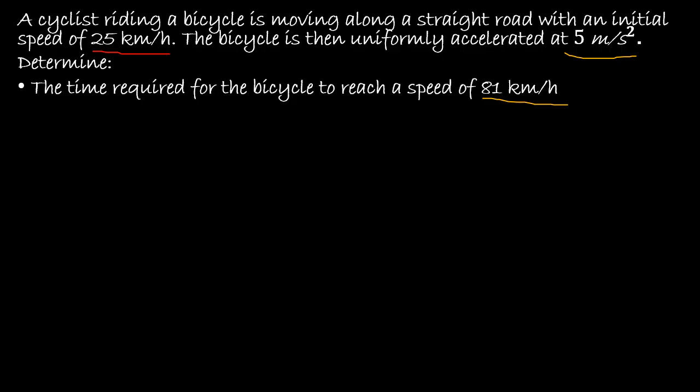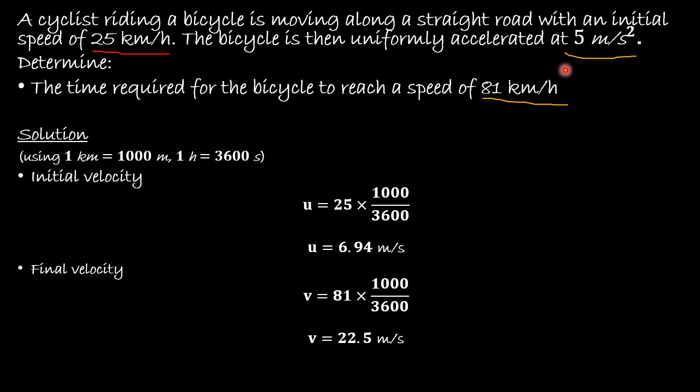As you can see, there are different units here. Our first unit is kilometers per hour, and the second one is meters per second, but we want it in meters per second. In this linear motion, we mostly deal with meters per second. So that means you have to convert the kilometers per hour to meters per second, because all of them have to be in one unit.